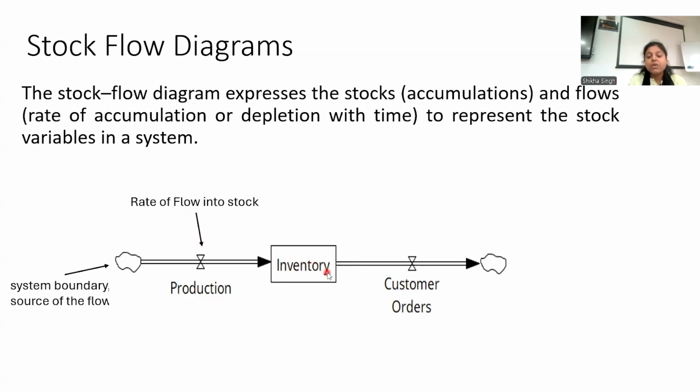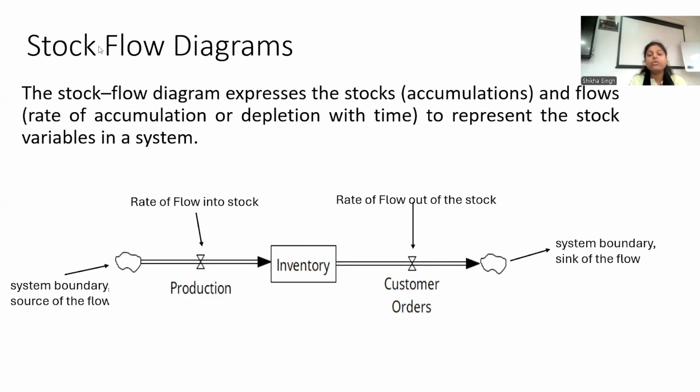Okay. Then you see there is an outflow also. Outflow is customer orders, the rate of customer orders basically. The more the customer orders, the more will be the reduction in inventory, right?